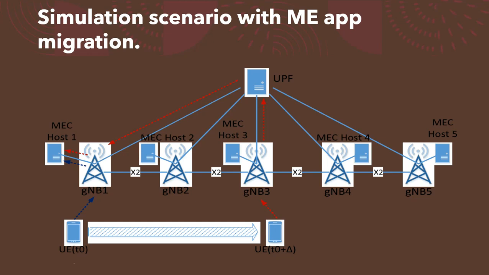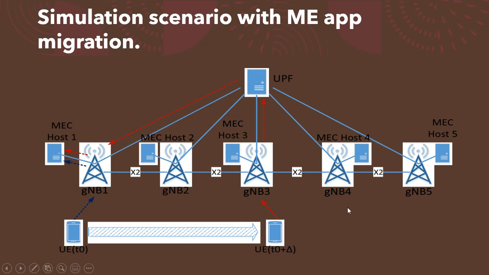For each offloaded task, the user transfers the context to a MEC app running on the MEC host, which performs computations and sends the context back to the user. The context size, hence the packet size, is measured in kilobytes.